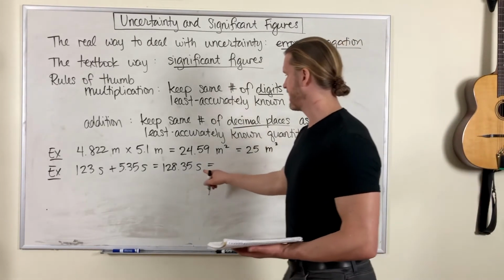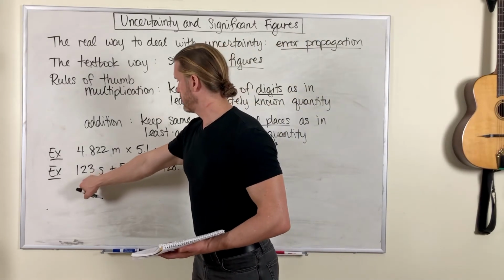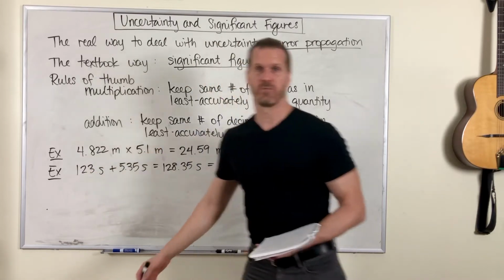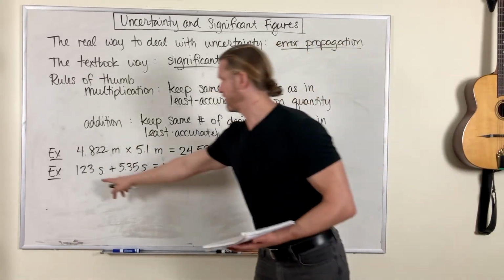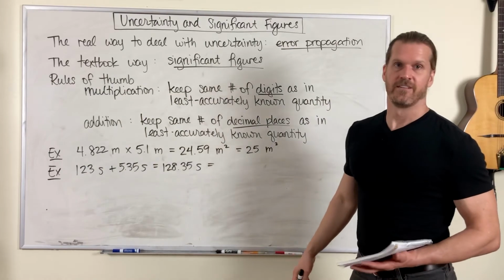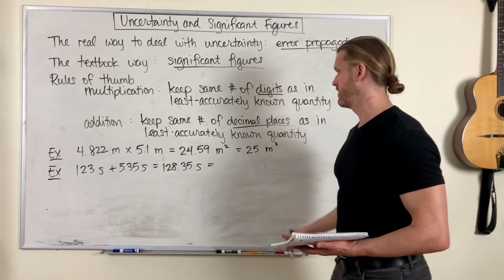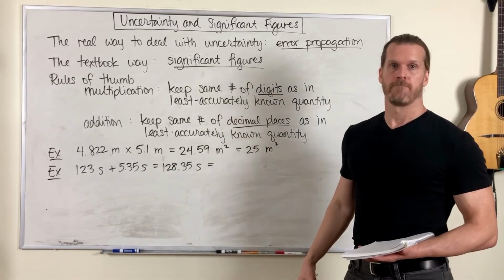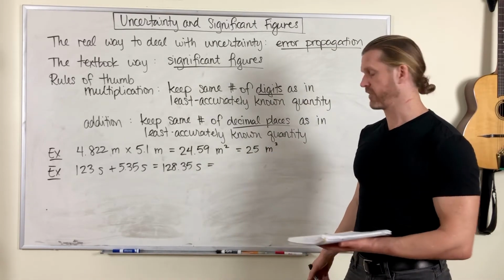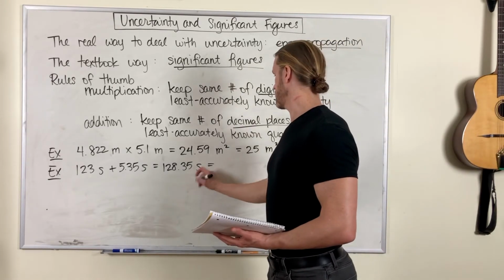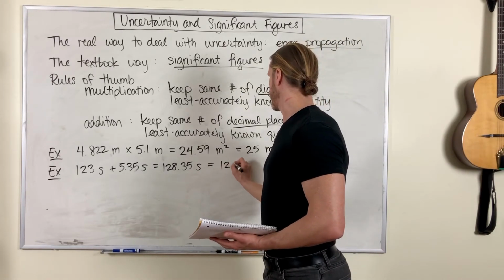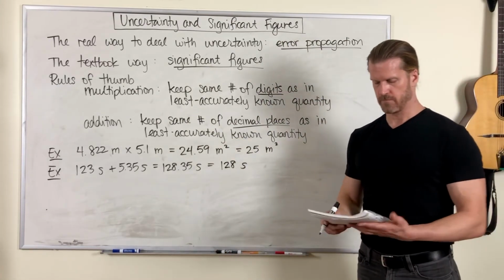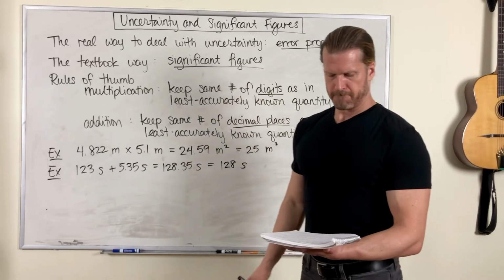So what we mean by that is the number 123 doesn't have any decimal places after the 3. This is less precisely known. So we need to throw away all the numbers to the right of that decimal point. So we have 128 seconds.